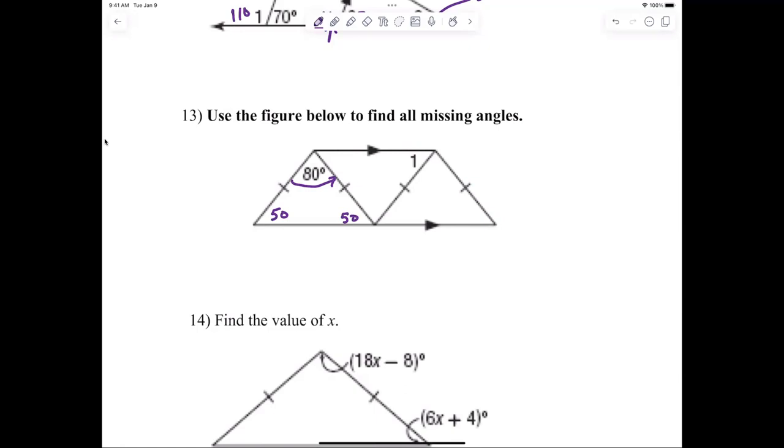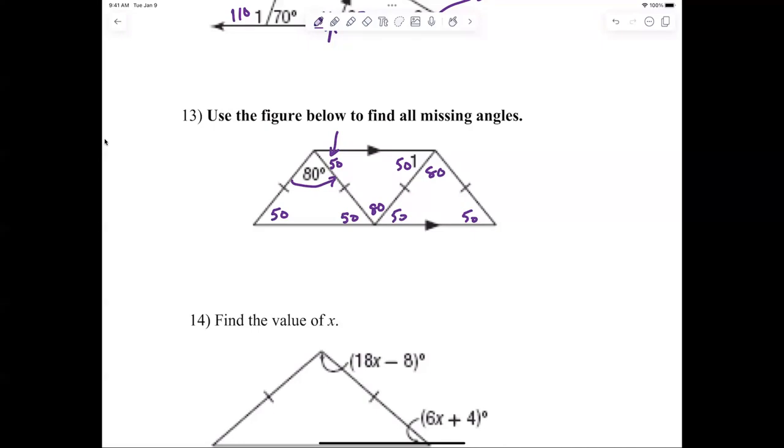So what are we thinking as far as this angle up here is going to be? 50. Right, exactly. That angle has to be 50. All right, which forces angle 1 to be what? 50. All right, so this is then 80. Yeah, 50, 50, 80. All right, good job if you got that.